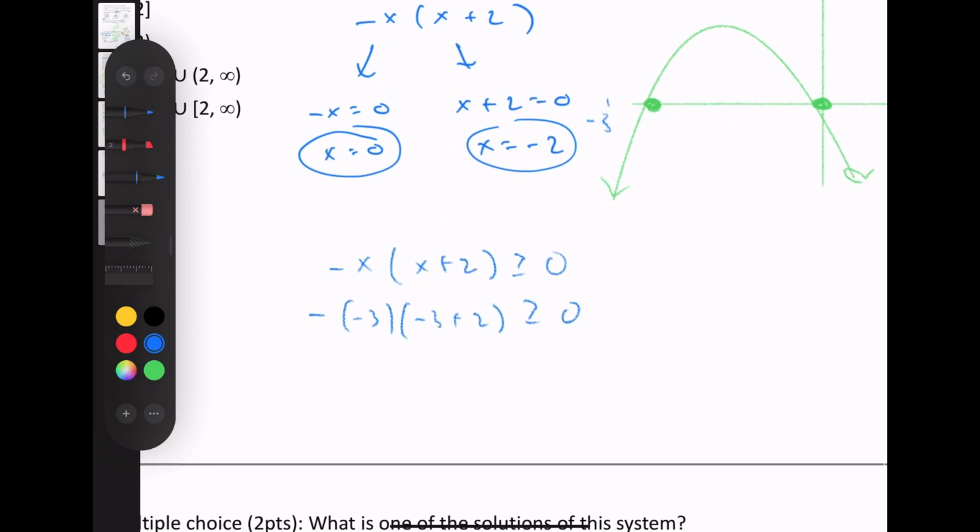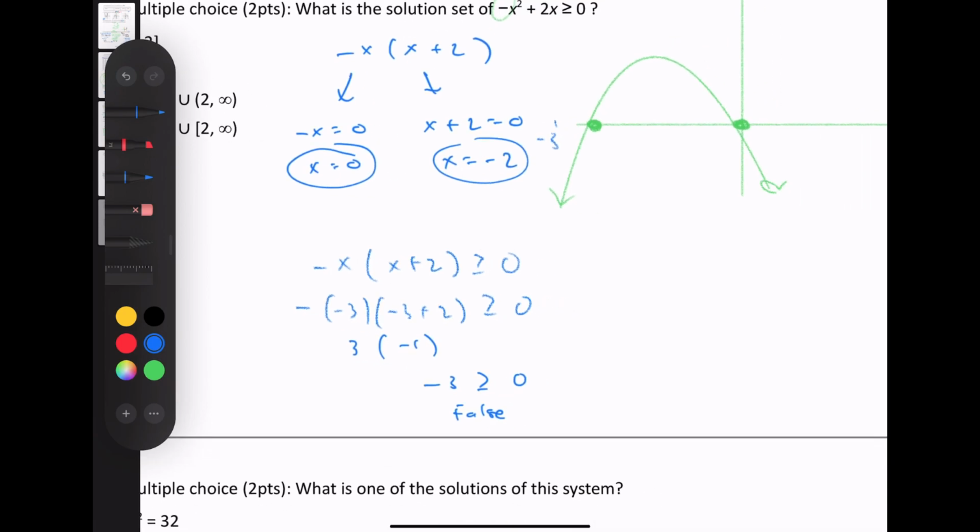Is that true? So the opposite of -3 is 3. -3 plus 2 is -1, so is -3 greater than 0? This would be false.